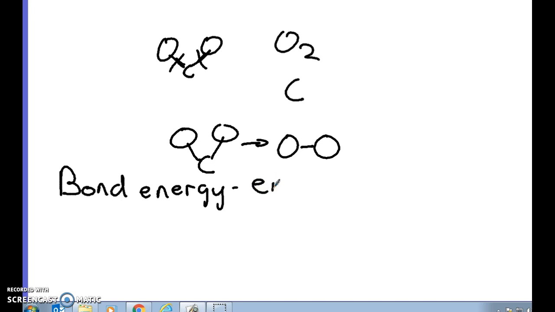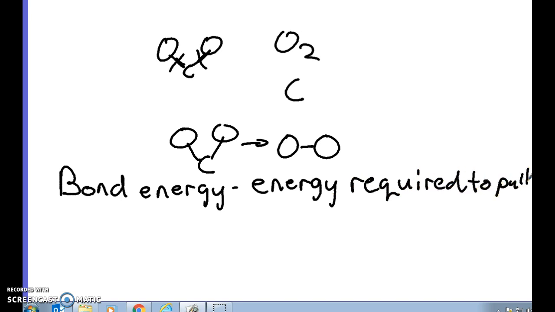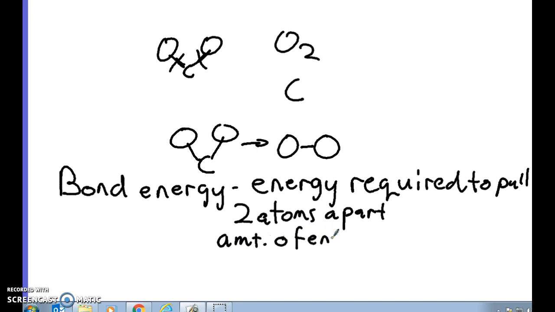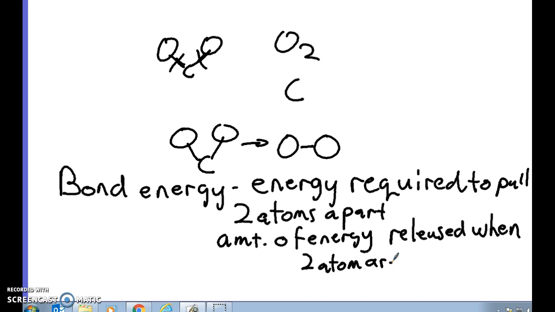Okay, and so we can say that it's the energy that's required to pull two atoms apart, okay, or we can express it as saying that it can be the amount of energy released when two atoms or chemicals are brought together. All right. Ran out of space there, but okay.